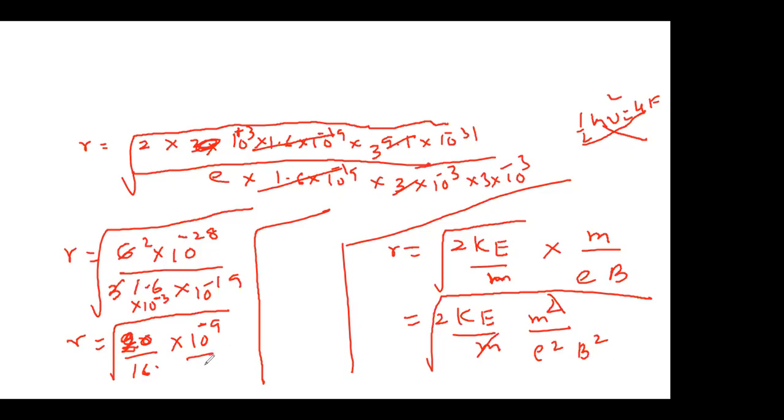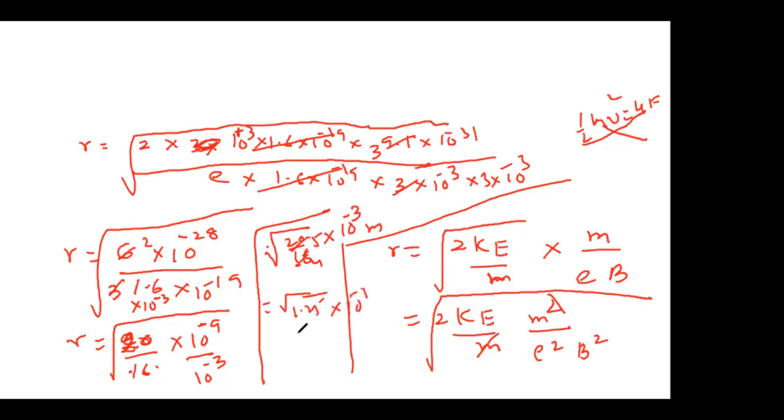And 10 raised to minus 3 more. 10 raised to minus 3 goes up, becomes minus 6. 20 upon 16 into 10 raised to minus 6 will become minus 3 outside the root. This many meter. So 4 4s are 16, 4 5s are 20, root of 1.25 into 10 raised to minus 3.